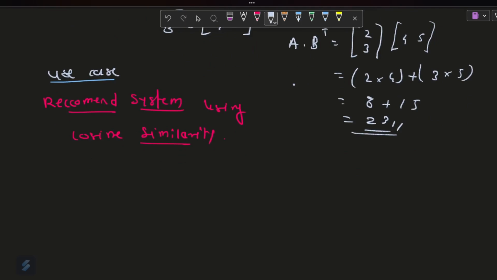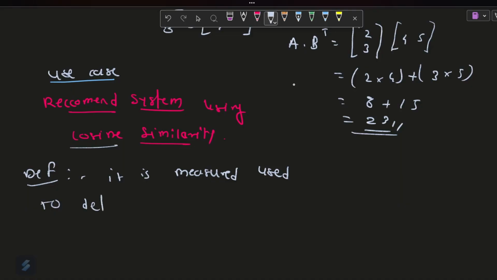Cosine similarity. The definition: it is a measure used to determine how similar two vectors are.